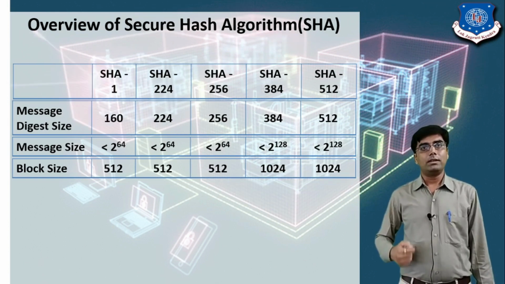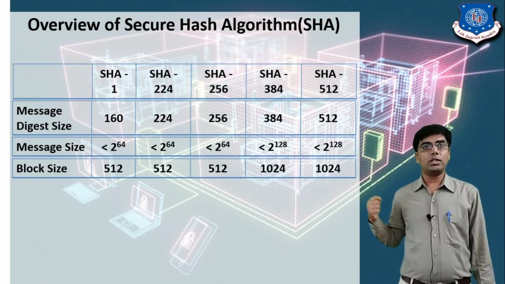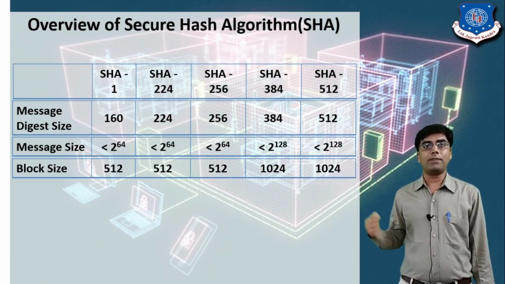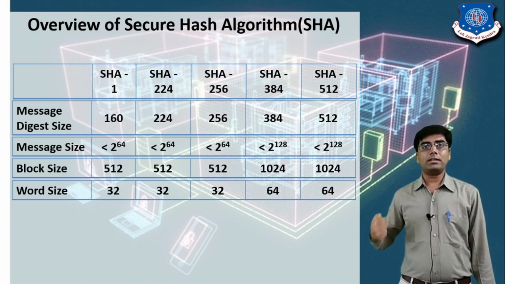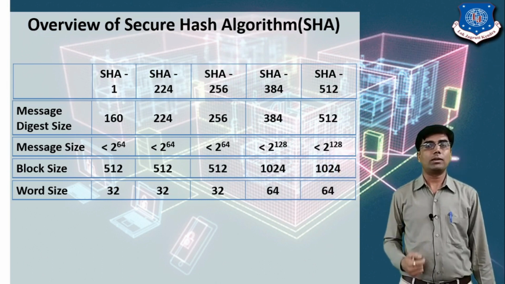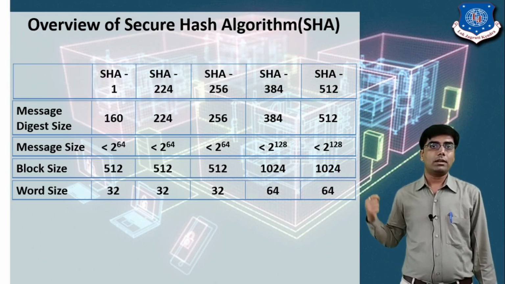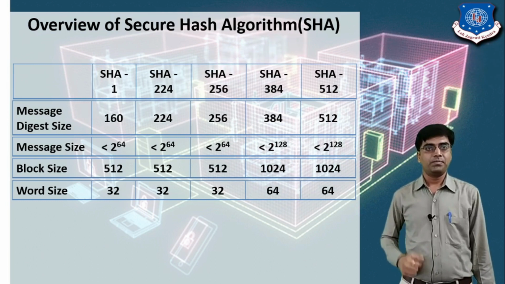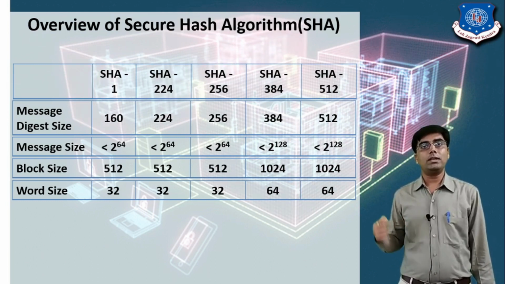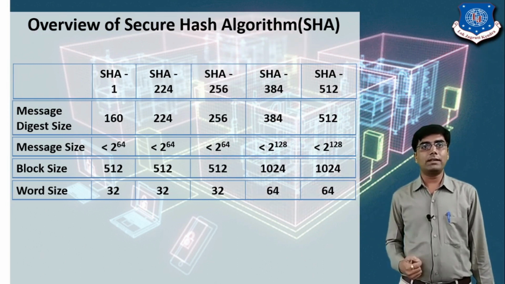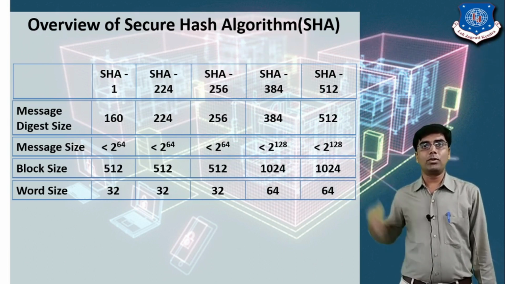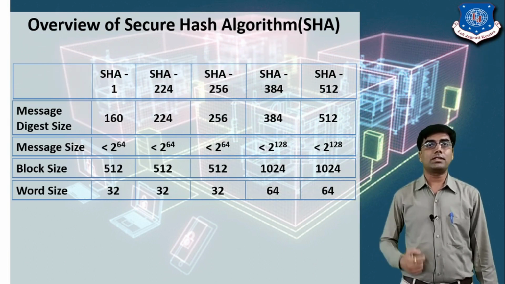The block size for SHA1, SHA224 and SHA256 is 512 bits, but for SHA384 and SHA512 the block size is 1024 bits. For the word size, SHA1, 224 and 256 use 32 bits, and SHA384 and SHA512 use 64 bits.